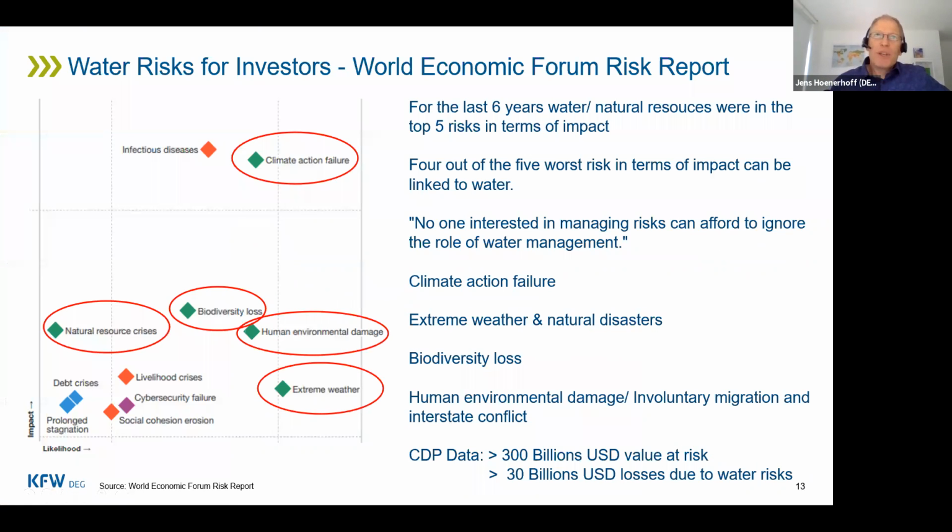Our starting point, going back about 10 years ago when we started our journey with WWF on the water topic, was that water was a risk which was not really highlighted in the past. The World Economic Forum, whose report I've put a copy of here, has highlighted these risks in the top 5 risks for at least the last 10 years.